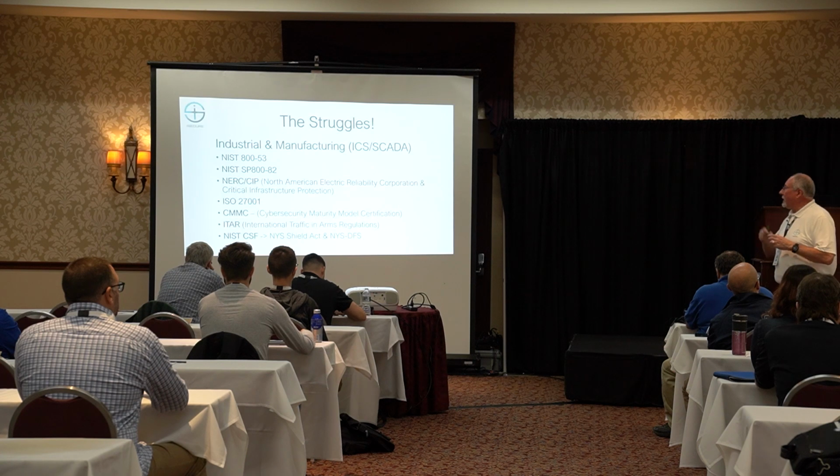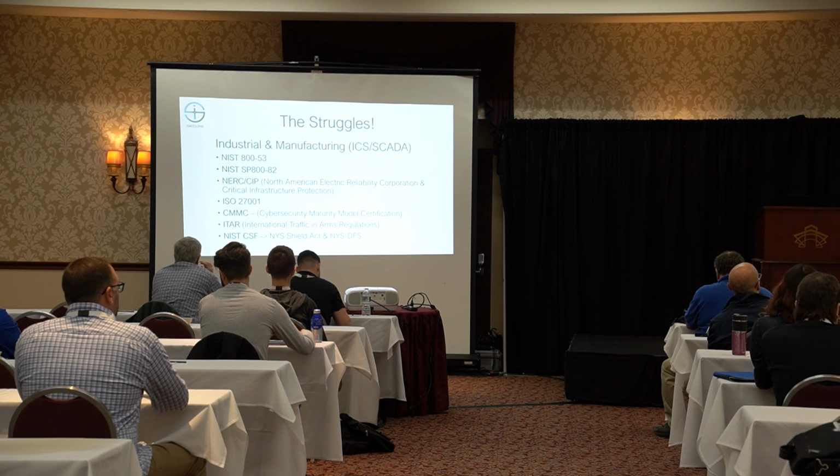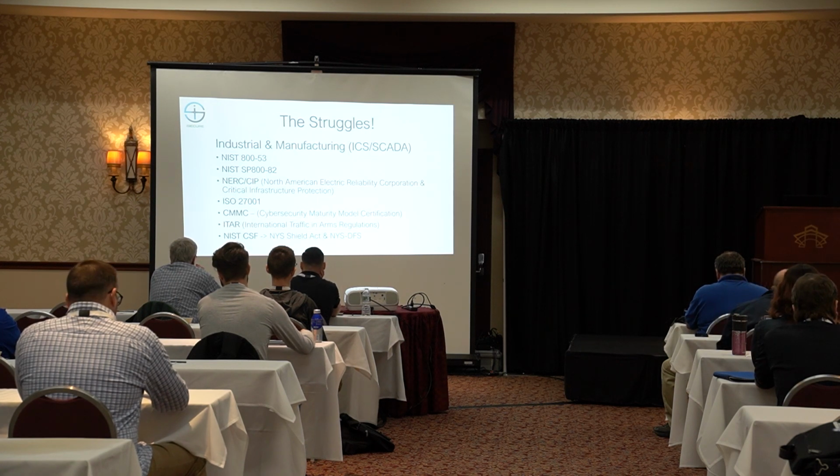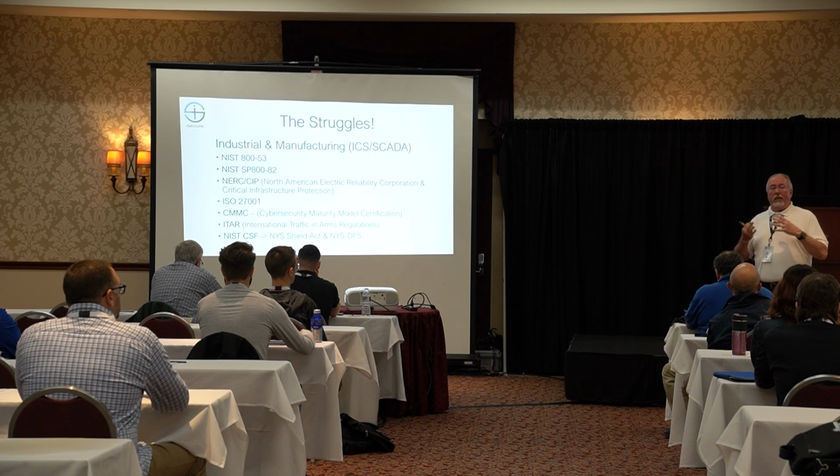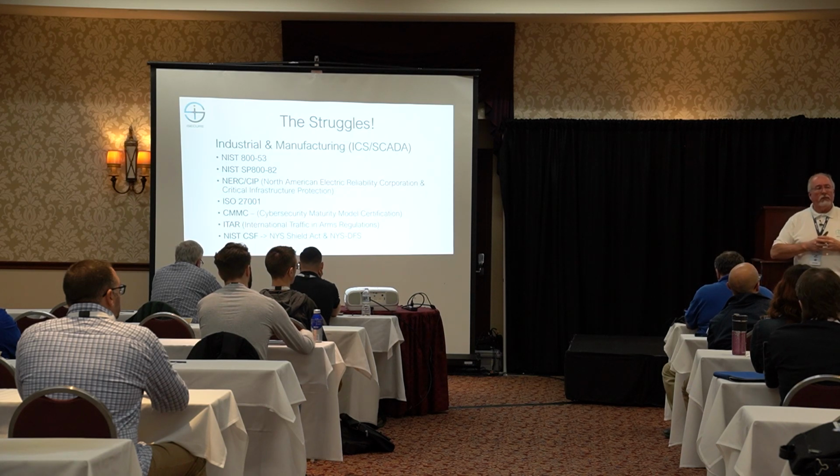So the other component is going to be somewhat non-traditional for a lot of folks here. It's going to be your ICS SCADA environments. They're going to be looking, if you're in a critical infrastructure, NIST SP 800-53. You may be looking at some of the compliance support that comes through SP 800-82. And then the big one that everybody gets really uptight about is NERC CIP.